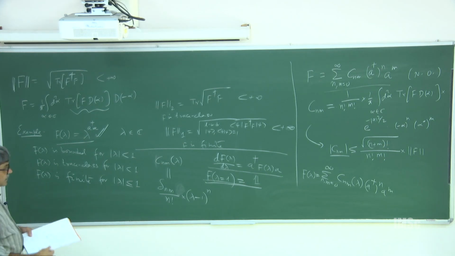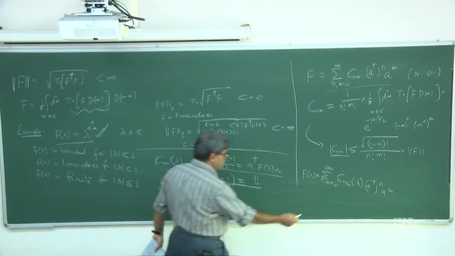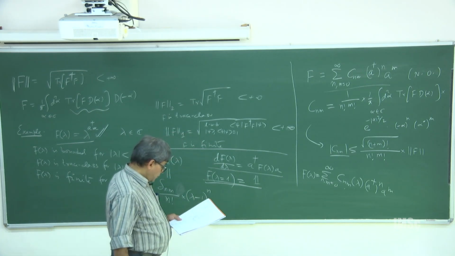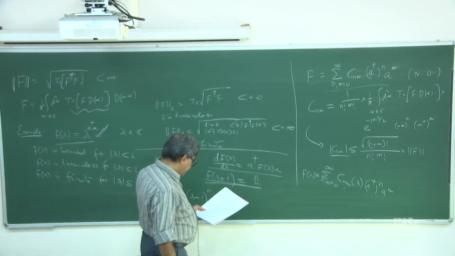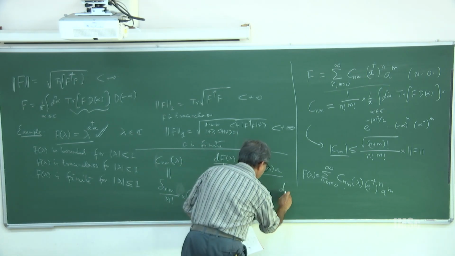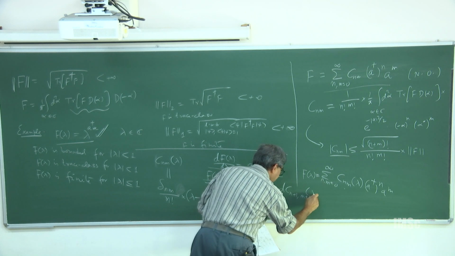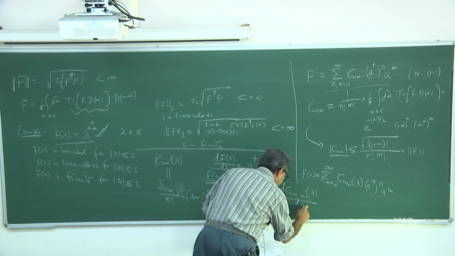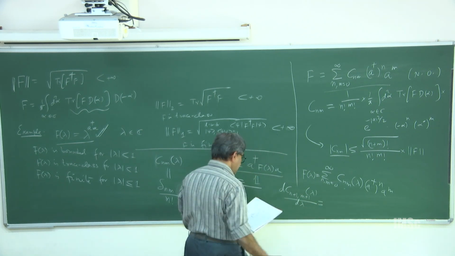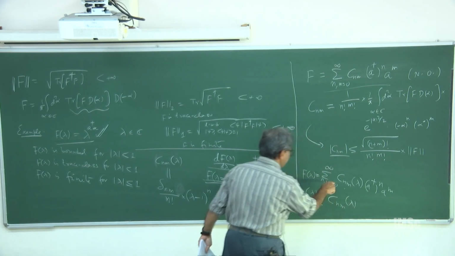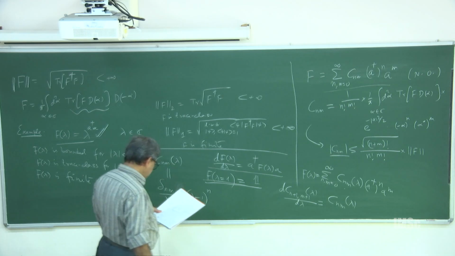If you use this expression here, what you will get is the following: d C_{n+1,m+1}(λ)/dλ is equal to C_nm(λ), of course, where n and m run from 0 to infinity.